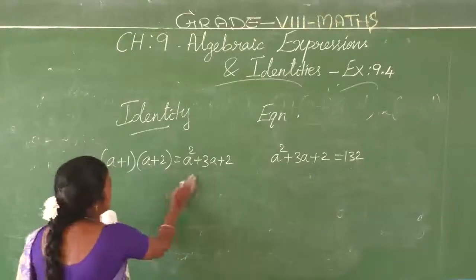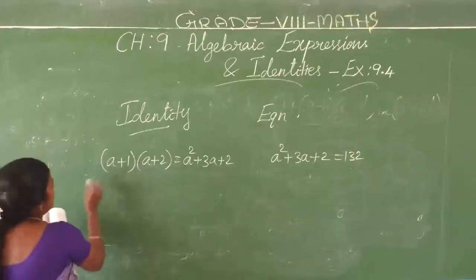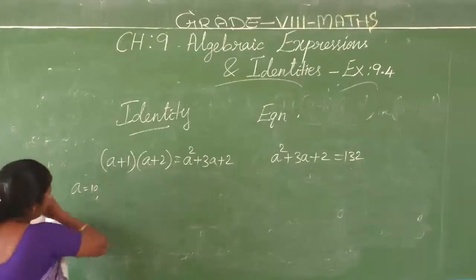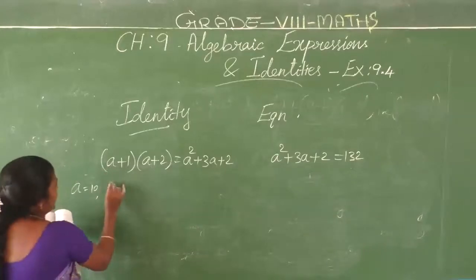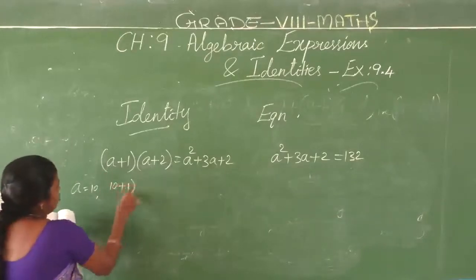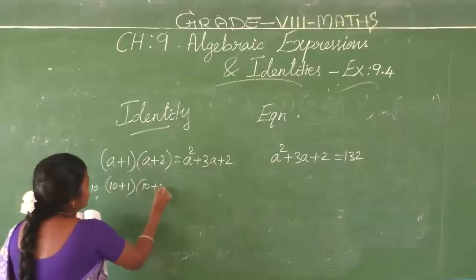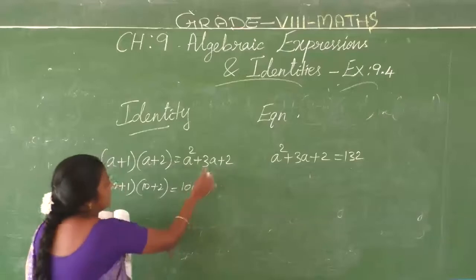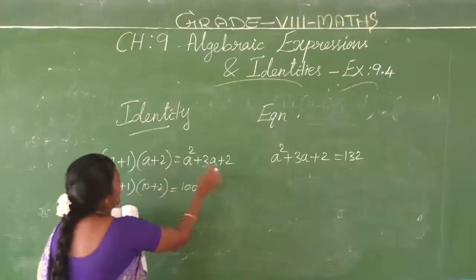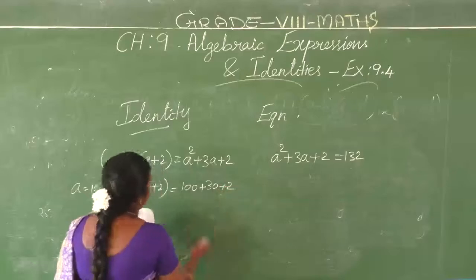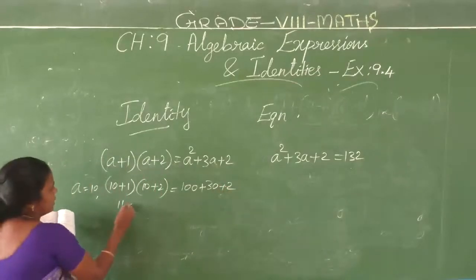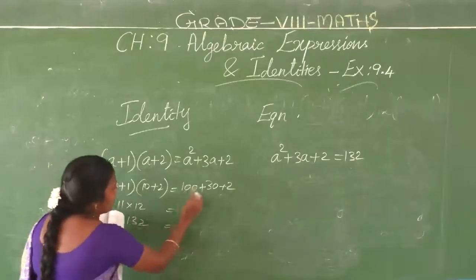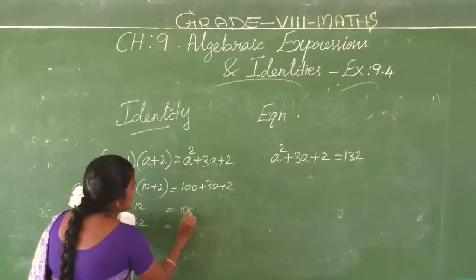Just one example: if you take the value 10, a plus 1 is 11, a plus 2 is 12, and a square, 10 square, is 100, plus 3 into 10, 30, plus 2. 11 times 12 is 132 only, and 100 plus 30 plus 2 is 132.